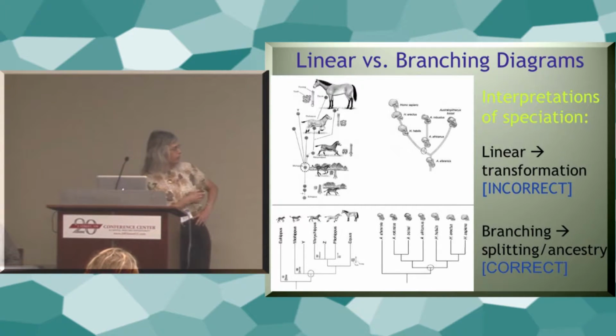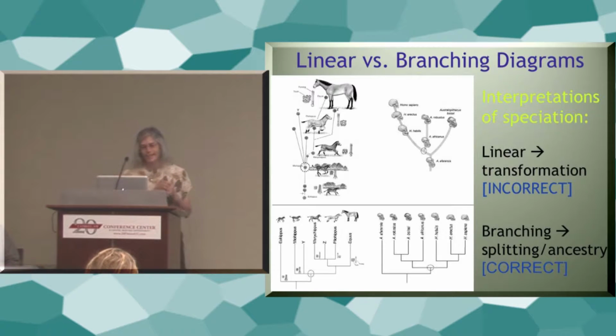Our hypothesis was that diagrams like those on the top, which incidentally we took from textbooks, with linear depictions would lead students to make transformational explanations of speciation, which are incorrect. For example, they would say things like, Merychippus evolves into Pliohippus, which becomes Equus over time, or Homo habilis turns into Homo erectus, which becomes Homo sapiens.